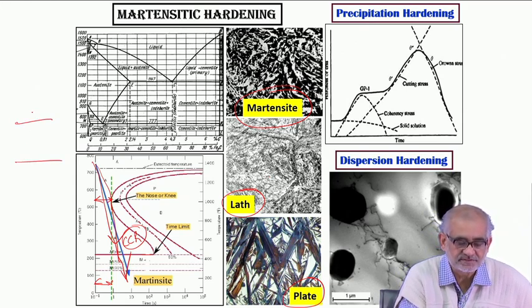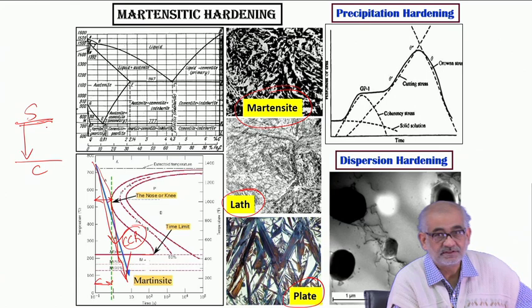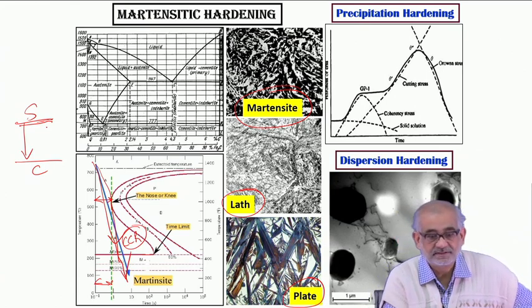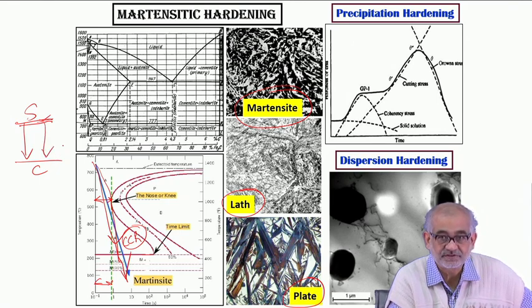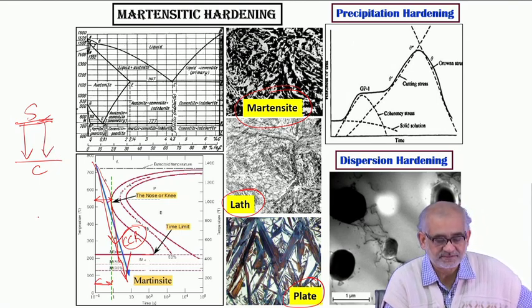So, if this is the surface and this is the core, then carbon content is highest here and gradually decreases, and when we quench, the cooling rate will be the highest at the surface, and the cooling rate also decreases as we go deeper inside the interior.